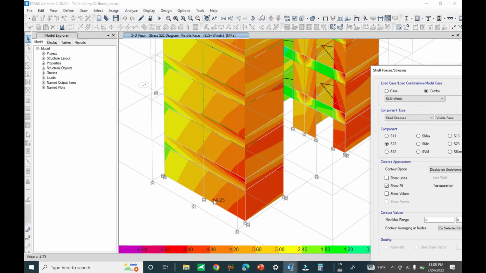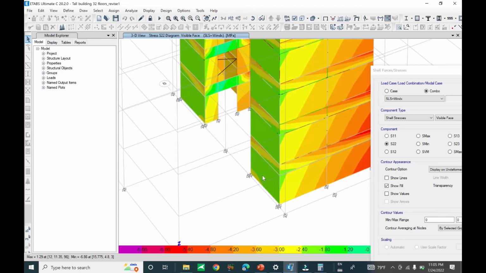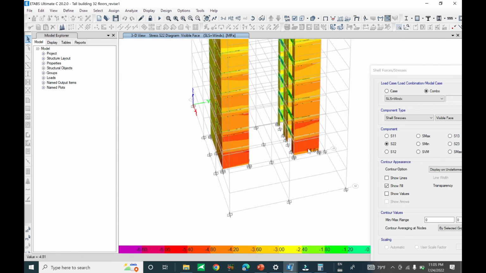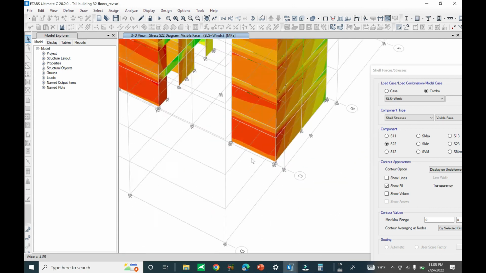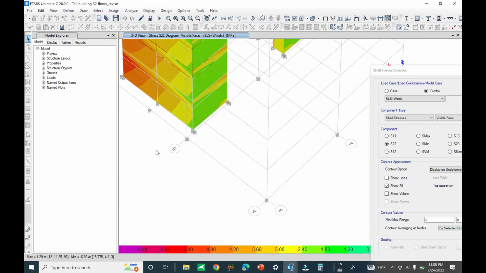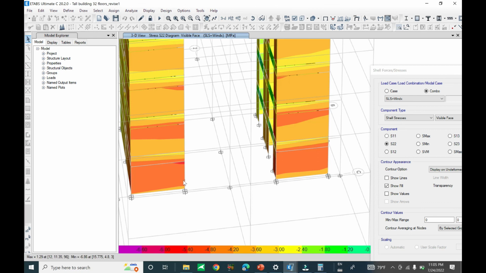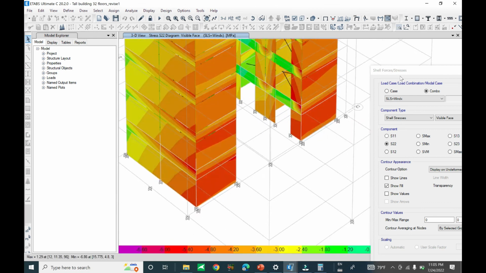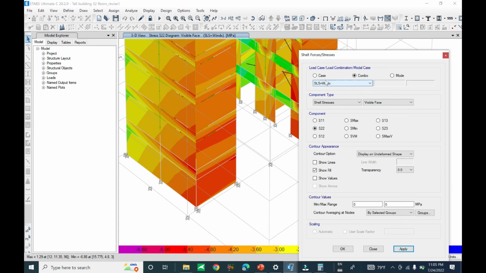The result is minus 4.24, 4.74, which is around 5 in compression. The other side is also in compression. Now let's check this side: compression. So it is acceptable. Yes, no tensile stress appears for service with wind in X direction.